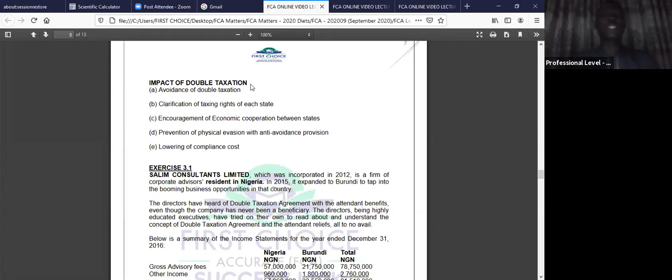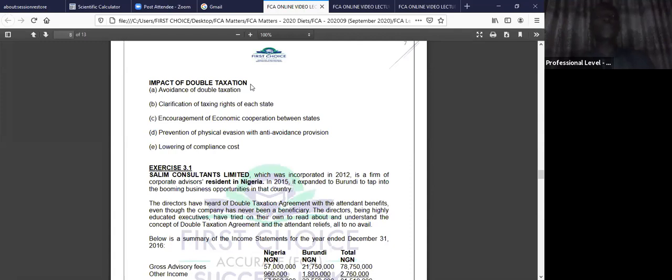So before 30th of September, Nigeria will get economic reports from all the other places where Nigerian companies are doing business. So it helps to get information about the activities of companies so that tax authorities will be better able to assess their taxes, give them good assessment, and tax them appropriately. Okay, prevention of fiscal evasion with anti-avoidance provisions.